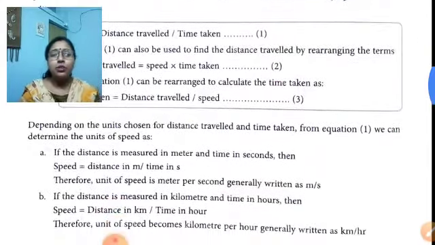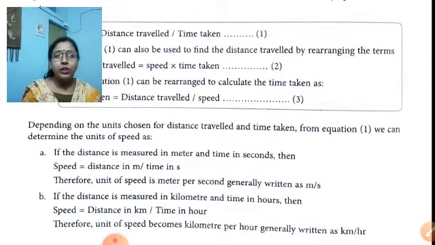Now come to the unit. Depending on the unit chosen for distance traveled and time taken, from equation 1 we can determine the unit of speed. Number 1, A: if the distance is measured in meter and time in second, then speed is written as distance in meter divided by time in second.